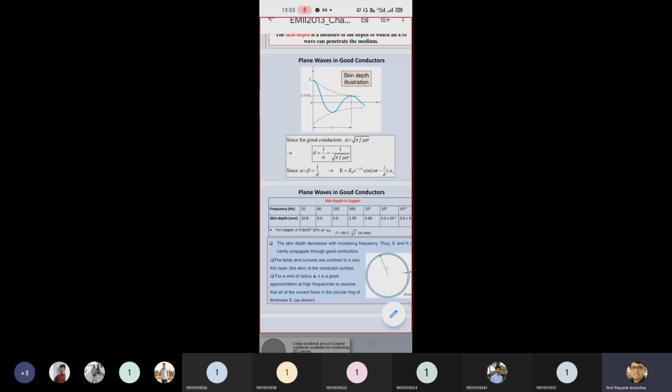Now, suppose for any particular signal you are increasing the frequency from 1 kilohertz to 1 gigahertz. Whenever the frequency increases, what is the effect on your delta? Any answer? Decrease. Yeah, it should decrease.